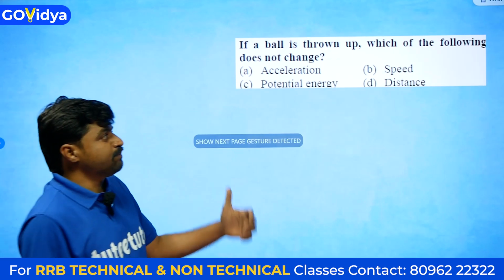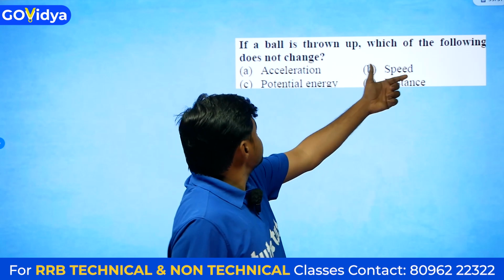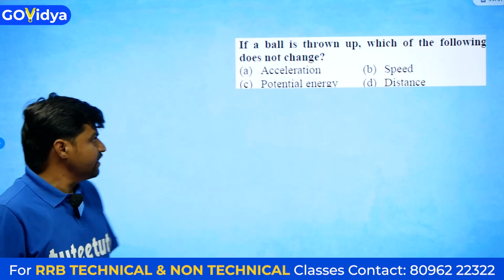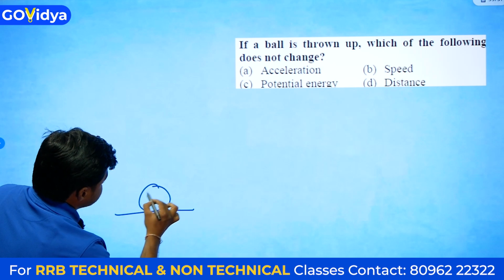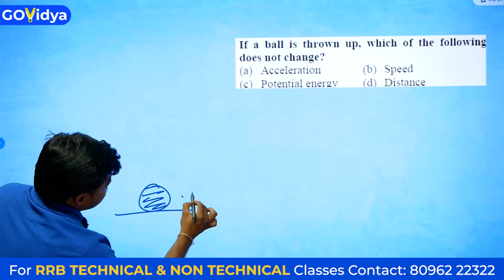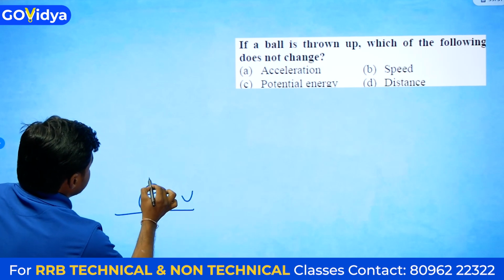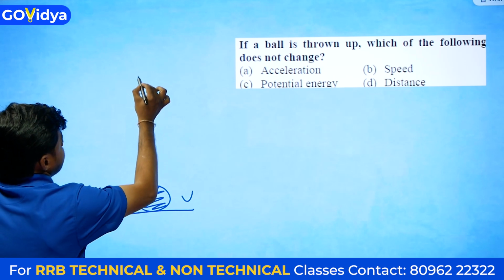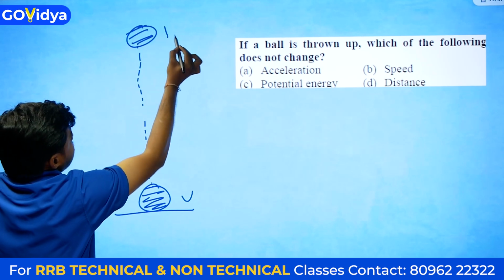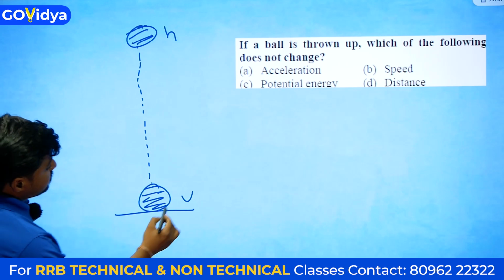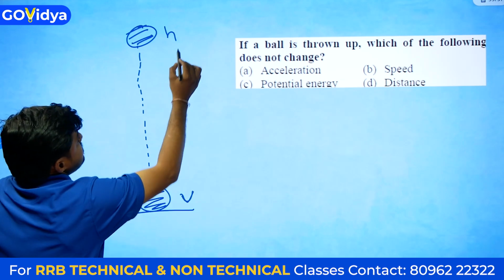A ball is thrown up. Which of the following does not change? A ball is thrown up with some speed, say the speed is v, up to height H. The speed here is v and here the speed is 0.